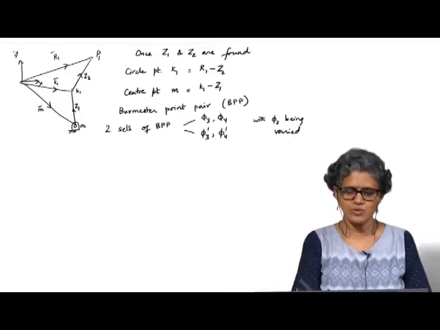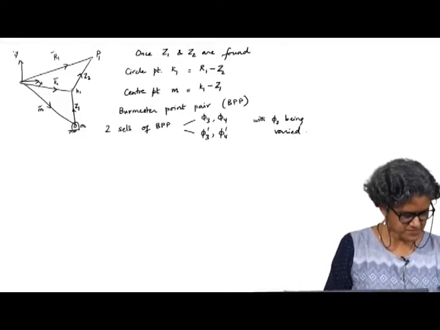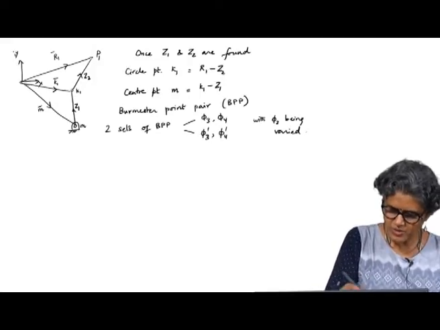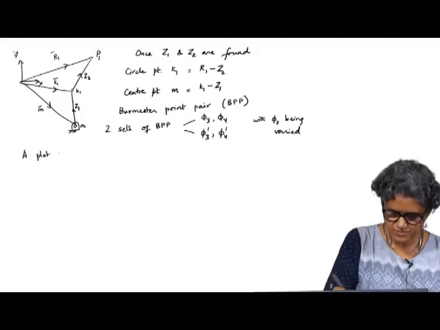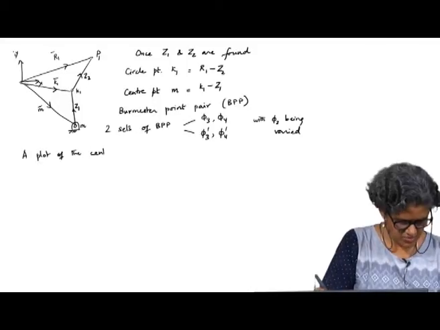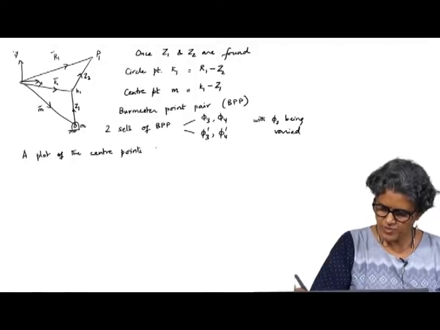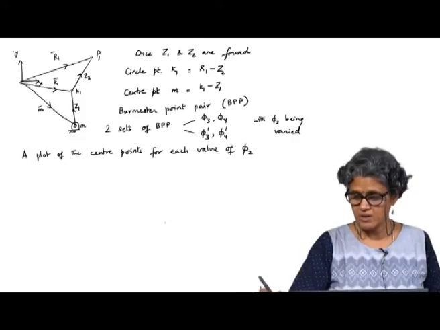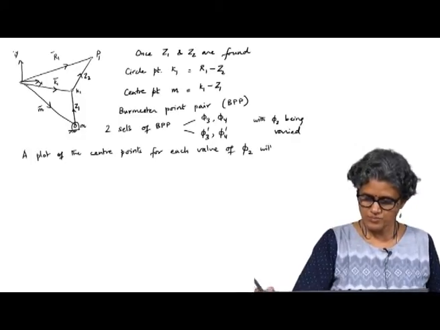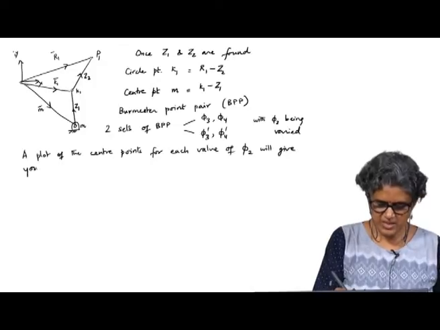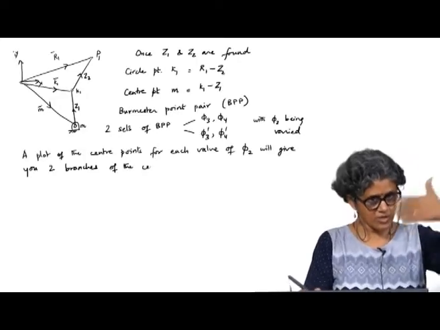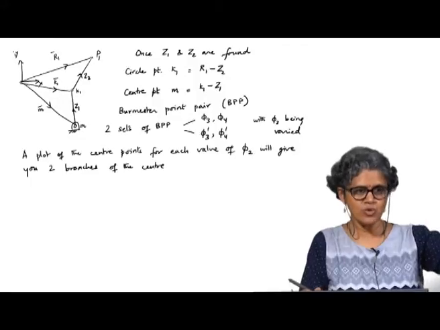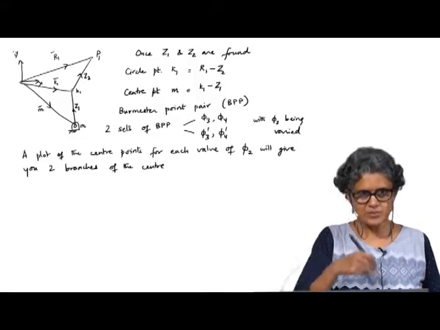For each phi 2 you will get 2 sets of Burmester point pairs. So, a plot of the center points for each value of phi 2 will give you 2 branches of the center point curve, one for the compatibility equation in mode 1, the other for the compatibility equation in mode 2.